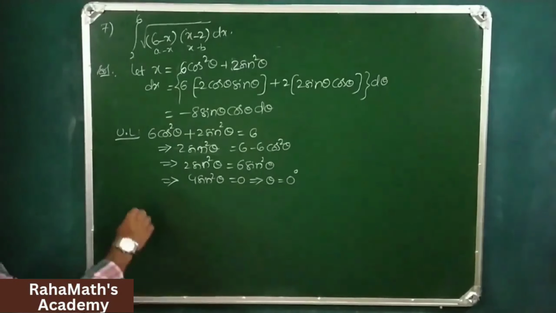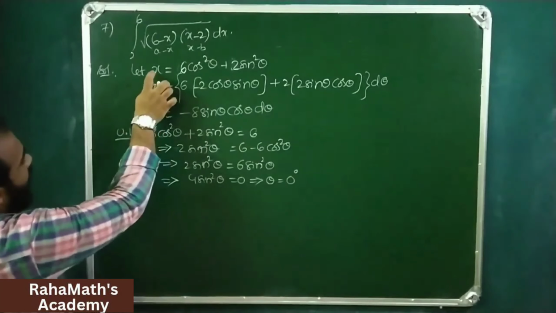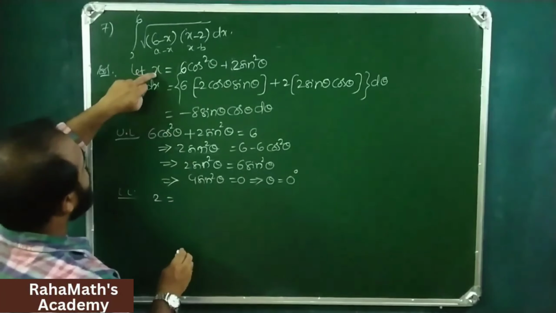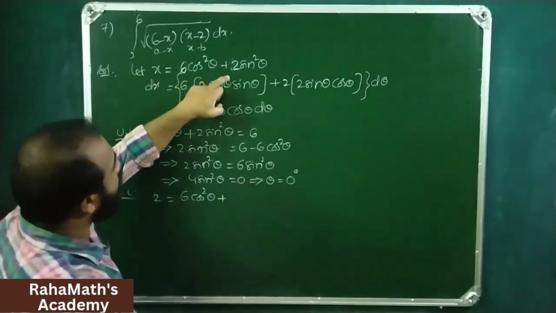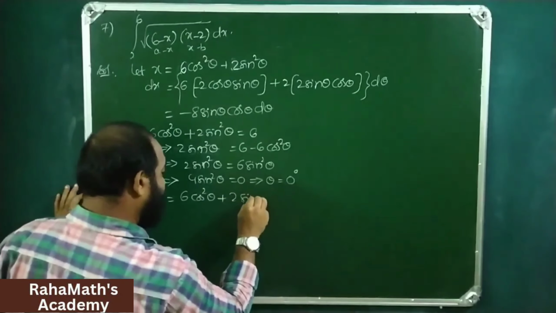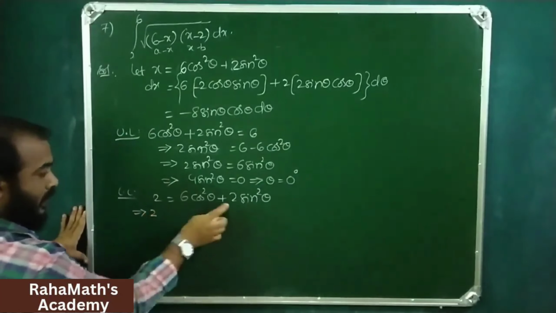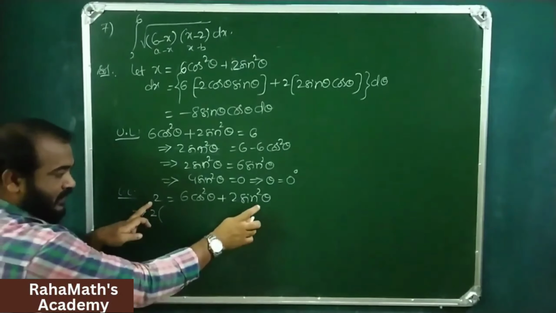Now the lower limit. So x is taken as 2 now. So 2 is equal to 6 cos square theta plus 2 sin square theta. Then 2 minus 2 sin square theta, that is 2 into 1 minus sin square theta.